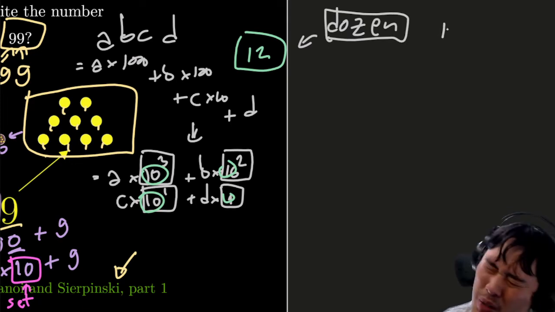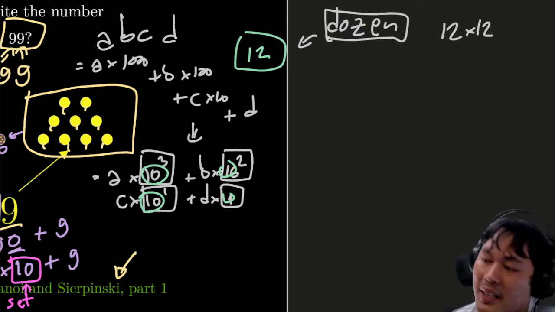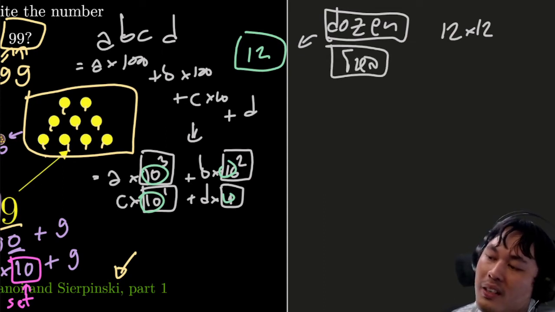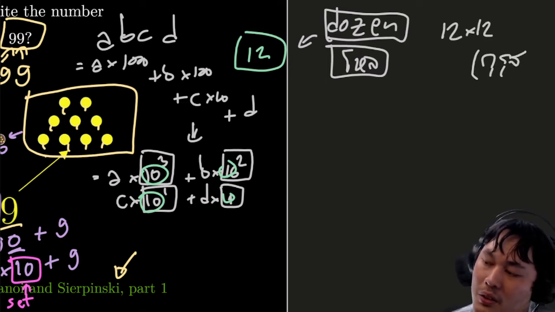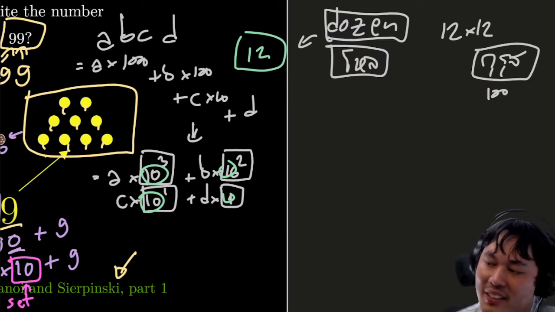And I'm not sure whether English has a word for 12 squared, but in Thai there is one. In Thai we call it lo, that's a dozen. And then a dozen of a dozen, there's a word called gurut. That would be like the 100 that we know now.